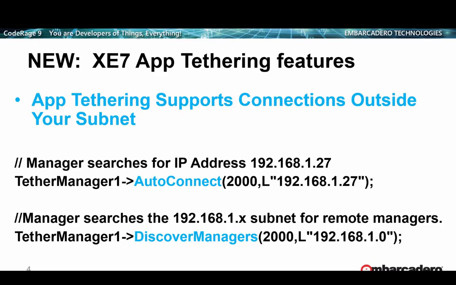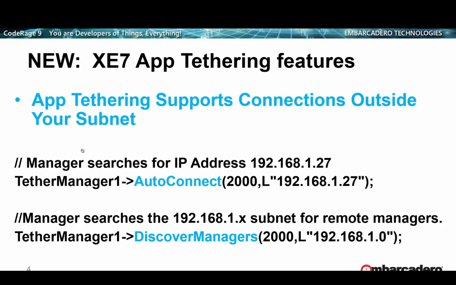So this is a great enhancement needed for enterprise customers for their enterprise applications. To resolve this limit, the XE7 app tethering functionality has been enhanced with app tethering supports connections outside your subnet.